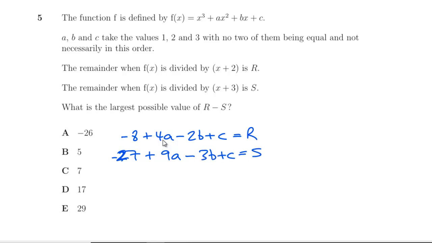That's s, and we want r minus s. So that's going to give 19 minus 5a plus b. So we want to make that as large as possible. So we want a to be small and b to be large. So 19 minus 5 plus 3 is 17. D.